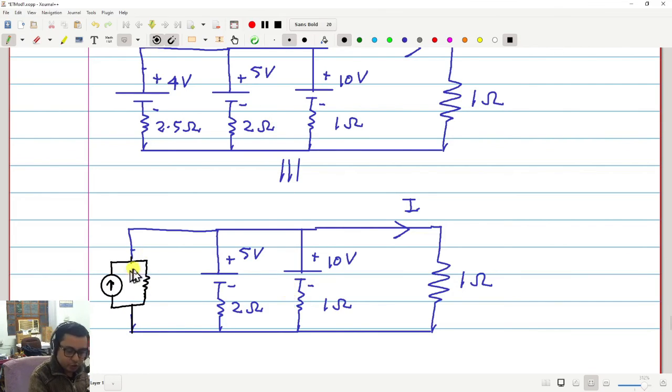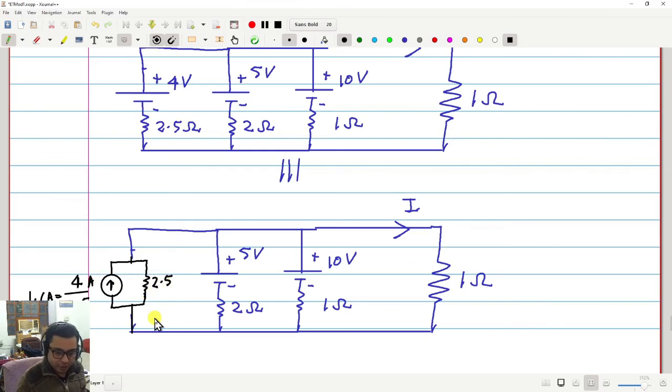If so, what should be the value of this current? This should be 4 divided by 2.5, so that is equal to 1.6, right? Yes, sir. And how much should be this resistance? This should be 2.5.